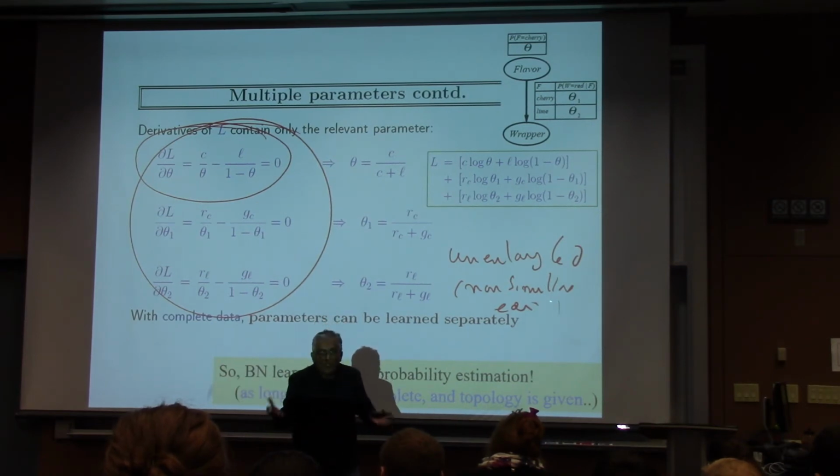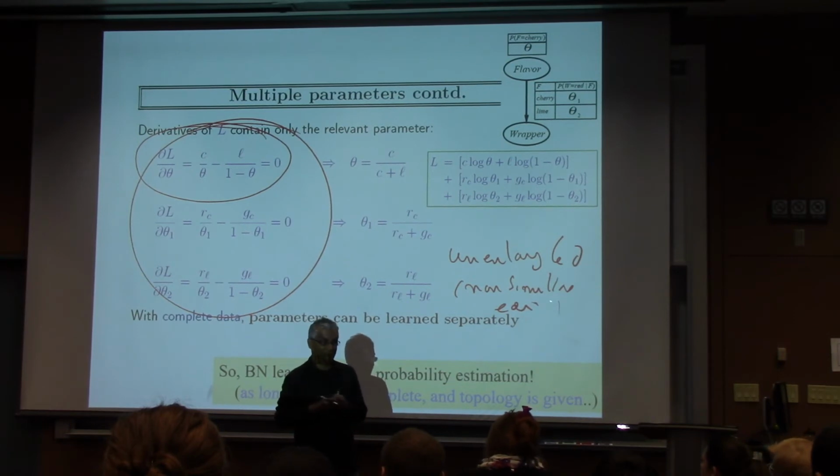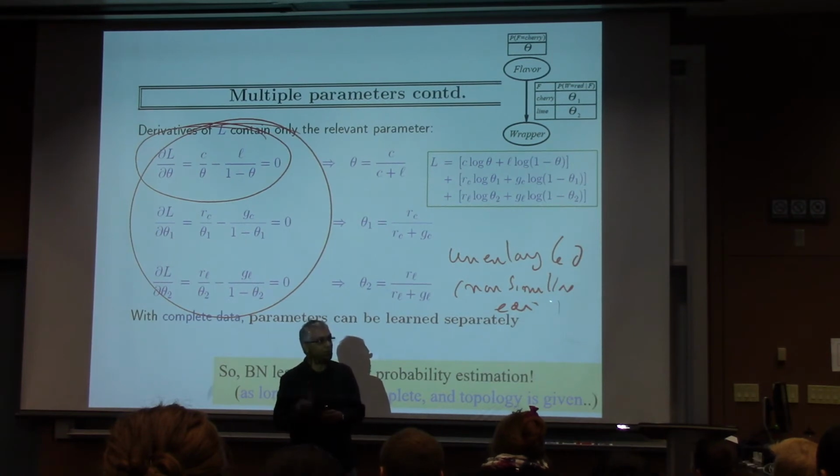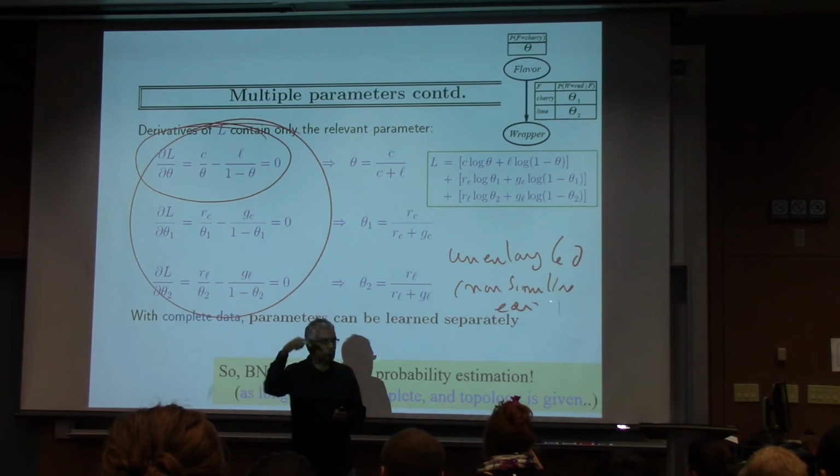Those are the good simultaneous equations, because each of those equations just directly gives you a value of a parameter. It's when the parameters become entangled, when multiple parameters come into a single equation, that you have a truly simultaneous equation. Then you may or may not be able to solve the simultaneous equations in closed form when you do gradients.